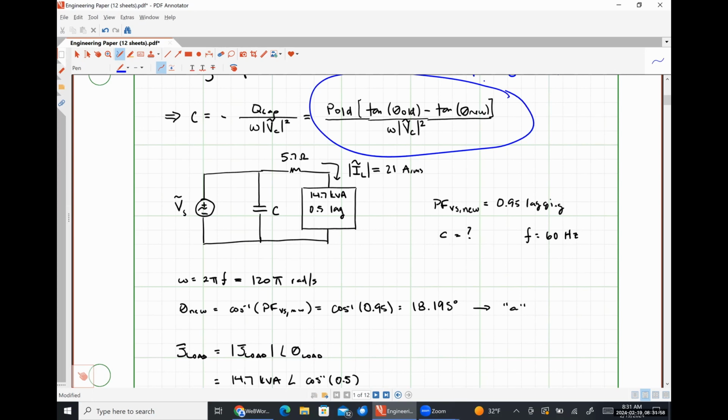Just to point things out, we figured out P old, we figured out theta new, we figured out omega. So by process of elimination, we either just found theta old or VC. Which of those two do you think it might be? I'll give you a hint. At no point have we calculated a voltage. Theta old.